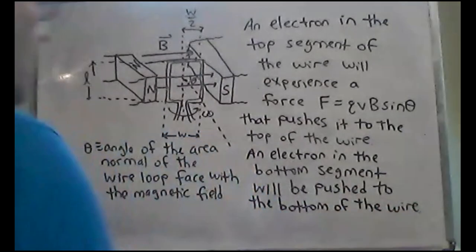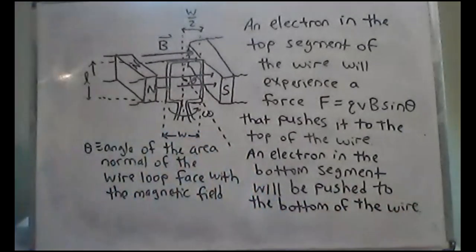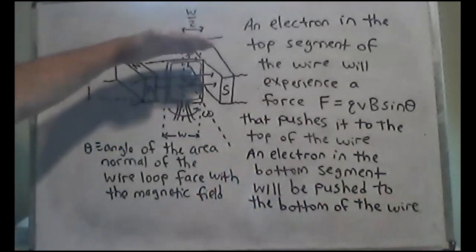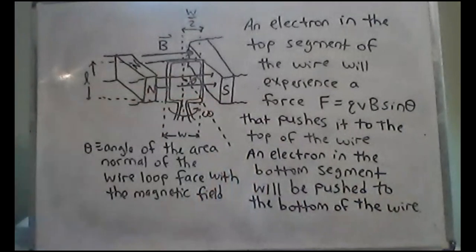All right, so magnetic force is either going to push electrons to the top of the wire in the top segment or to the bottom of the wire in the bottom segment. So the electrons in the top and bottom portions of this wire loop are not going to participate in the current. They're not going to contribute to the pushing of the electrons to make a current.